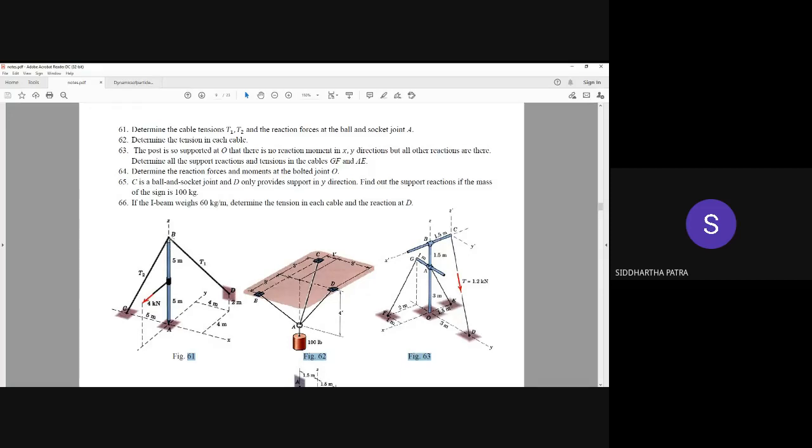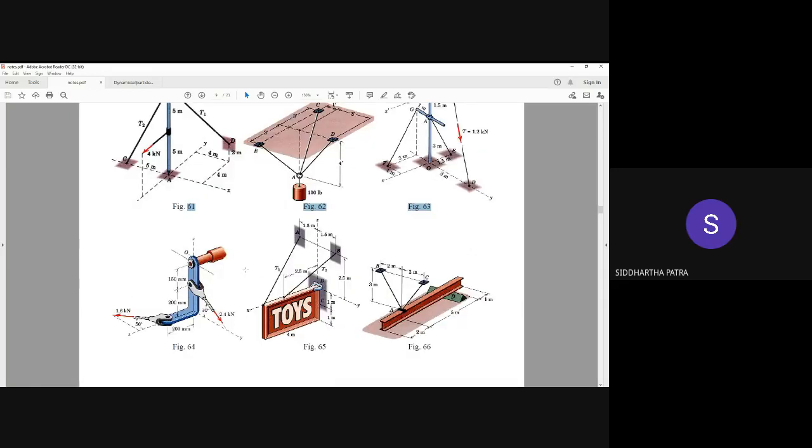Let's say halfway between B and D, I'll be showing an arrow going in that direction. I'll not be showing the entire solid line that would represent the cable. I would be showing broken lines from B to D, and halfway between B and D, an arrow. That would represent my tensile force.